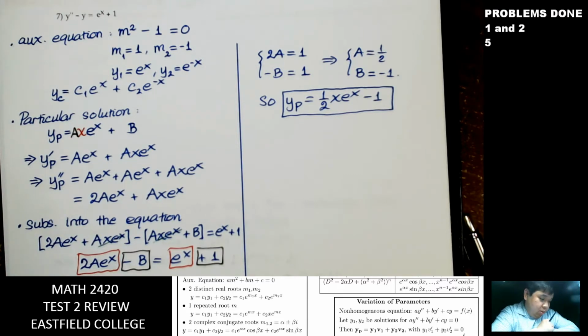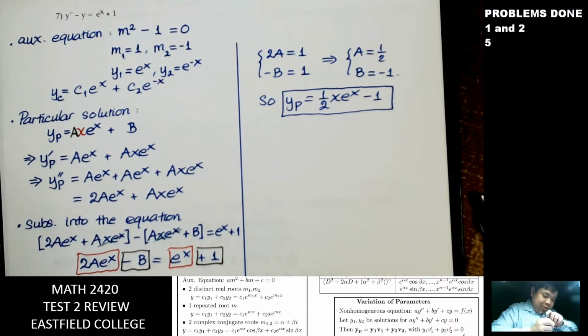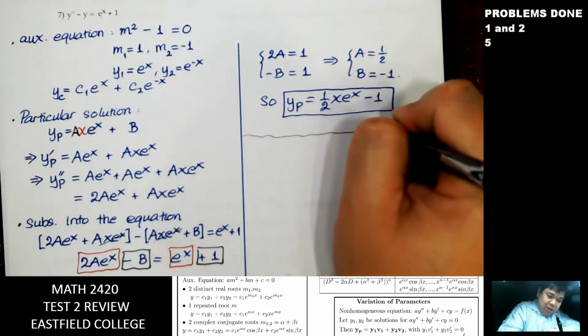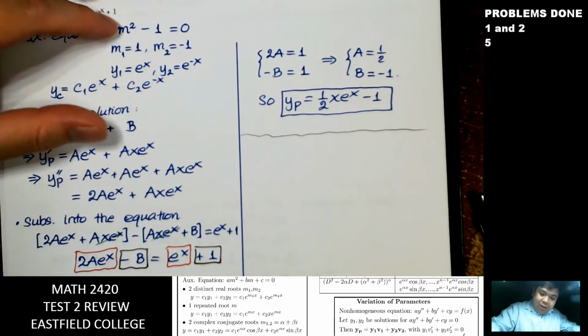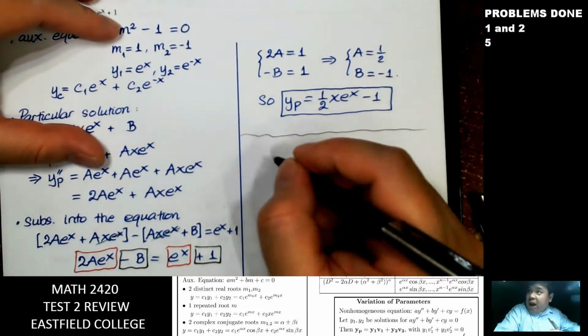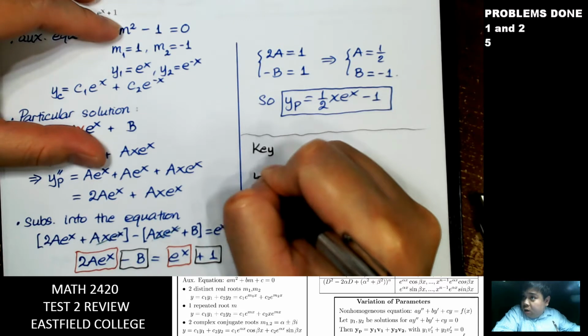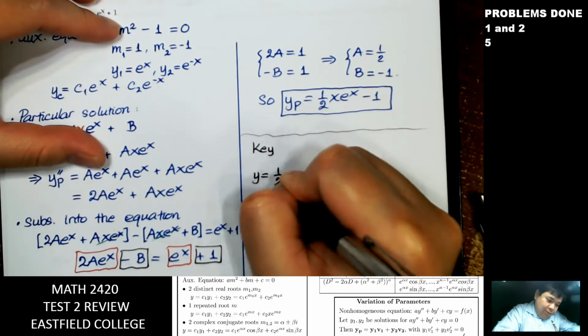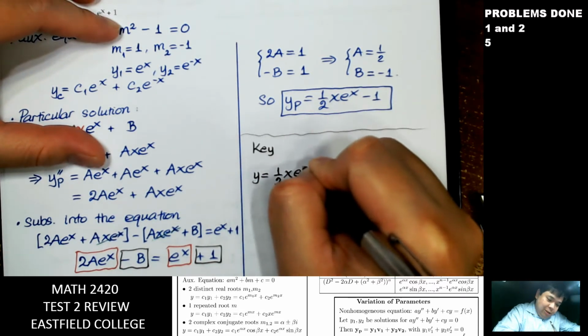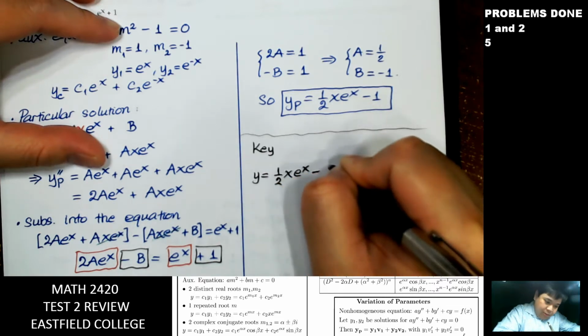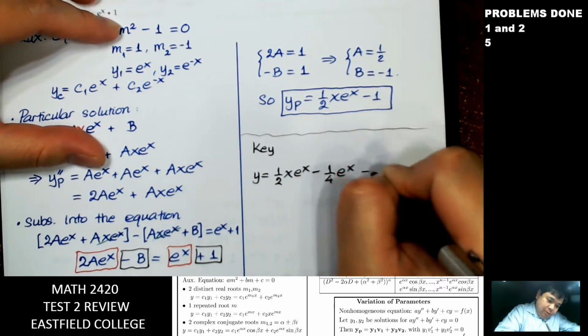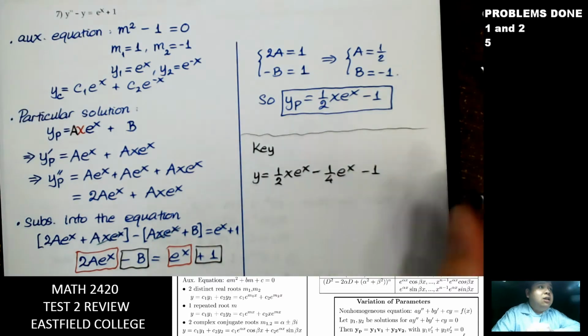Actually, that is the correct solution. We see the answer on the key is not quite the same, but I just want to write like this. Just take a little note. We have on the back, on the key, we have that.